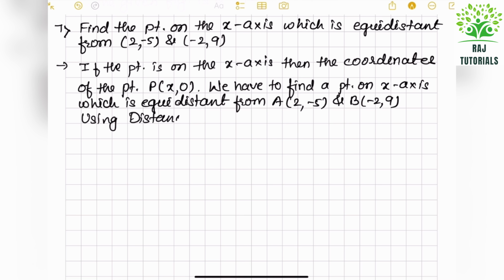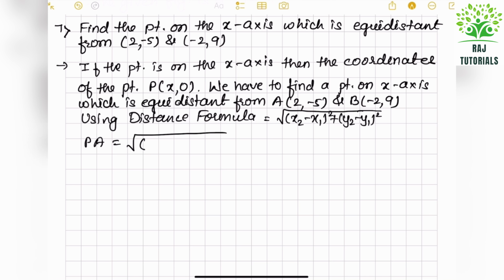So using distance formula, that is (x2 minus x1) whole square plus (y2 minus y1) whole square. So PA will be equal to root of (x minus 2) whole square plus (0 minus of minus 5), so plus 5.